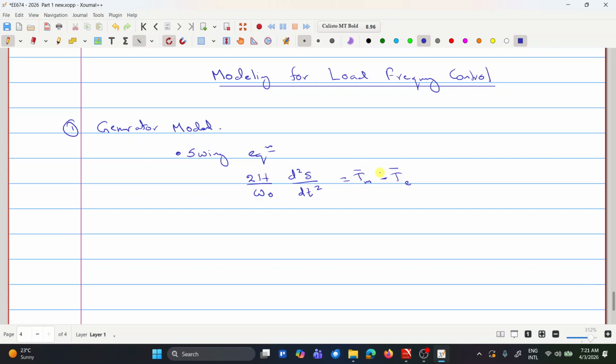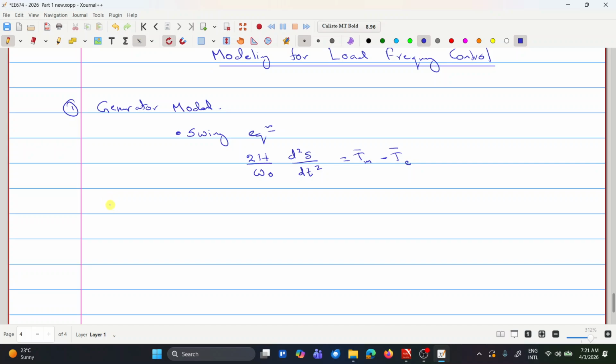Now instead of torques, we will introduce the power terms.